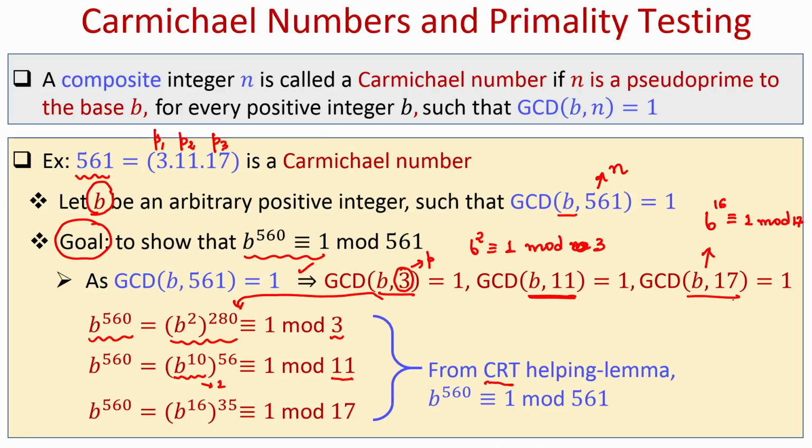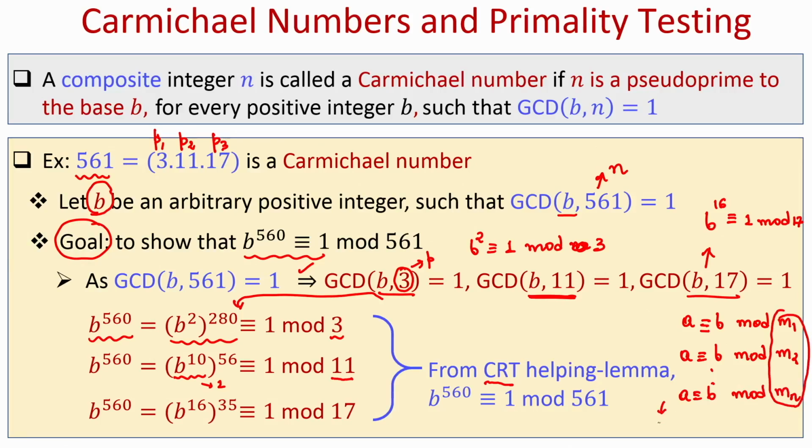There you had n moduli which are pairwise co-prime, and you have two values a and b which are congruent to each other with respect to all the moduli. So, you have a congruent to b modulo m1, a congruent to b modulo m2, and like that a congruent to b modulo mn, and it is given that all these n moduli are pairwise co-prime.